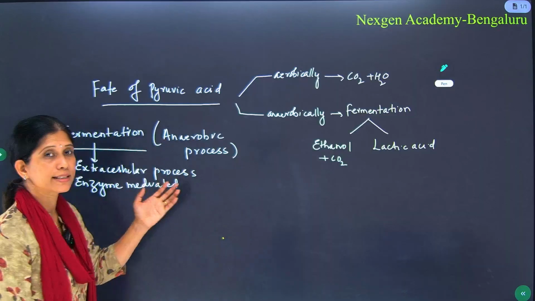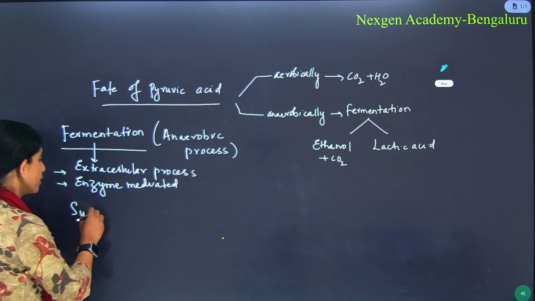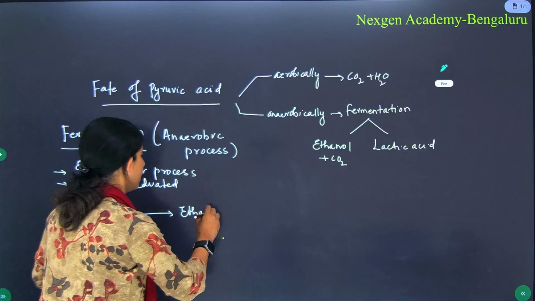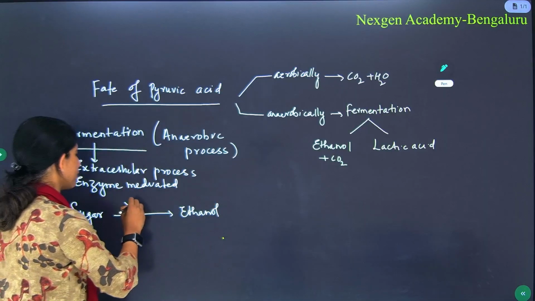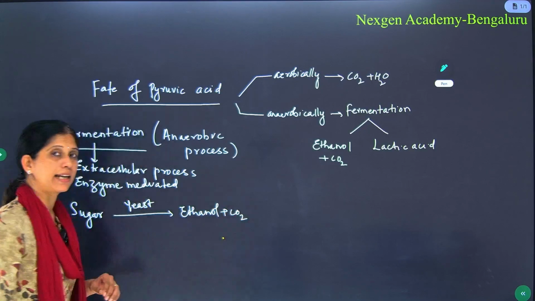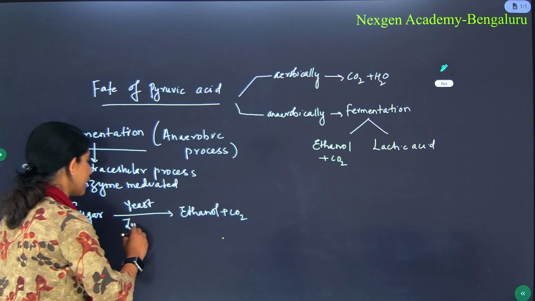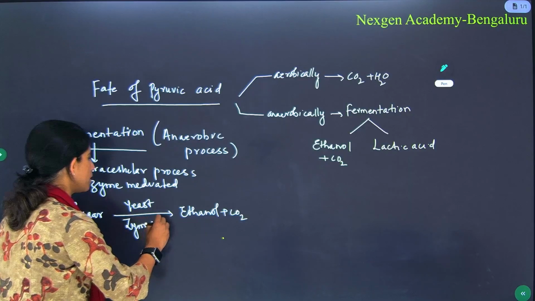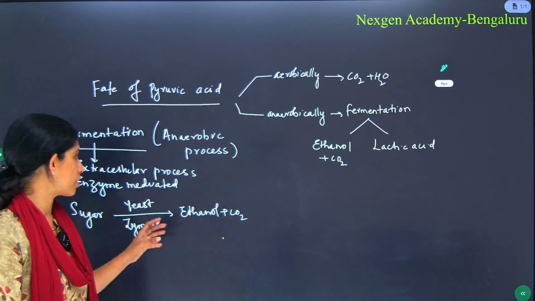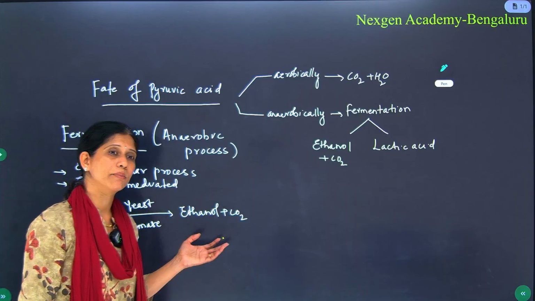So the earliest documentation of fermentation was sugar converted into ethanol in the presence of the enzyme yeast, which also released gases that were later identified as carbon dioxide. The enzyme responsible for this reaction was zymase, right? So this is the earliest concept available for us. Fermentation was discovered very early.